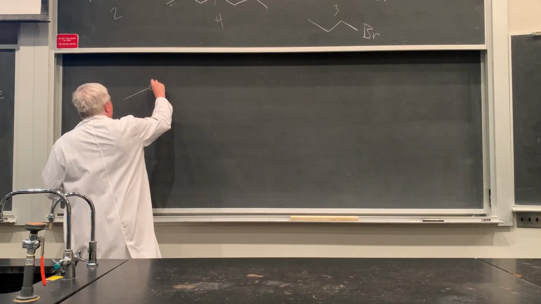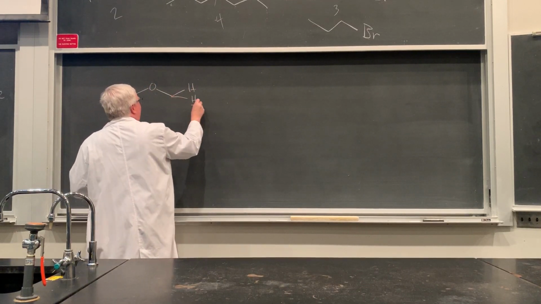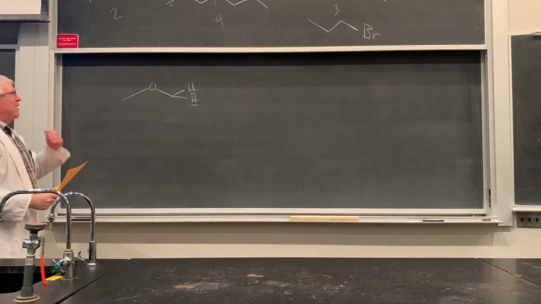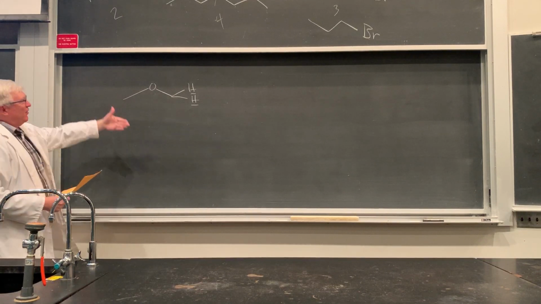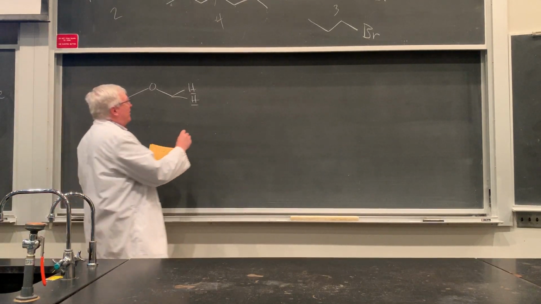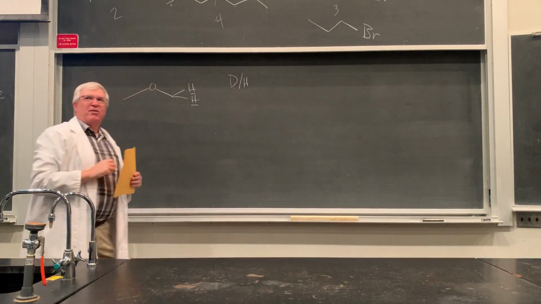If we have this molecule, let's just look at 2 of these hydrogens here in dimethyl ether. Those 2 hydrogens, we say they are the same. We've got the symmetry here. But let's apply something called the deuterium exchange thought experiment.